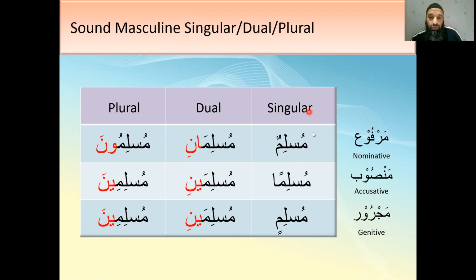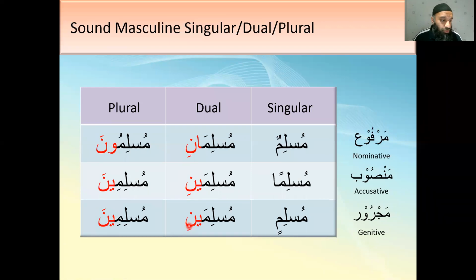Okay, so we're going on to mansub. Mansub and majroor are both the same. So job done. If you look at it, muslimaini and muslimina is the same for mansub and it is the same for majroor. So in actual fact, you only have to learn 4 templates in this 6 template table.